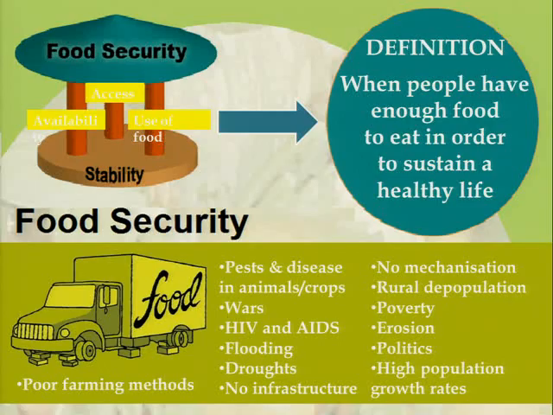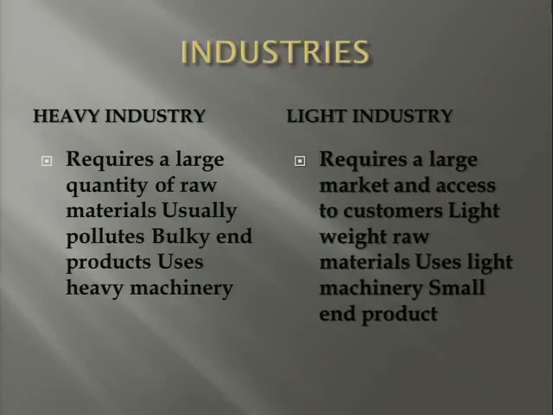Now, having said that, we are going to move on and talk about, remember we're talking economic activities. Now let's look at industries. We have two types of industries. We have heavy industries and then we have light industries. Now, with heavy industry, they require a large quantity of raw material.